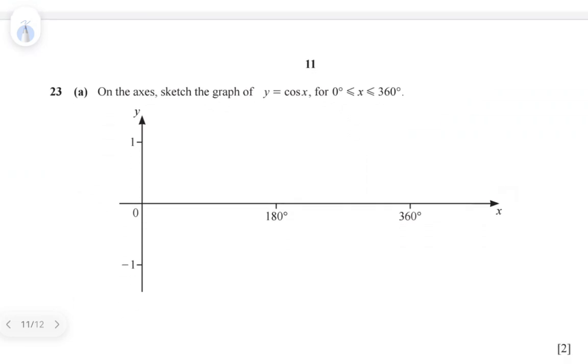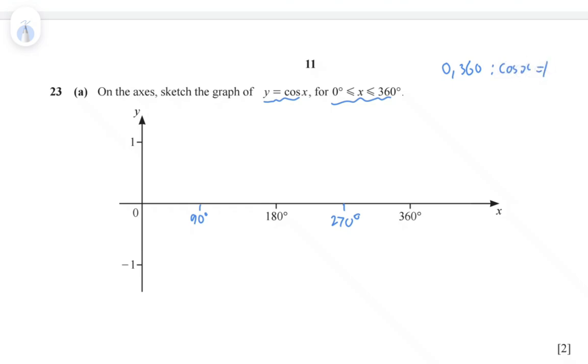Now we move on to question 23. We're asked to draw the graph of y equals cos x for the values of x between 0 and 360 inclusive. So looking at a few key values of 90 degrees, 180 degrees, 270 degrees, and 360 degrees, we know certain values. We know that at 0 and 360, cos x is equal to 1.